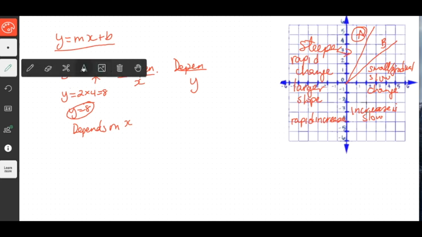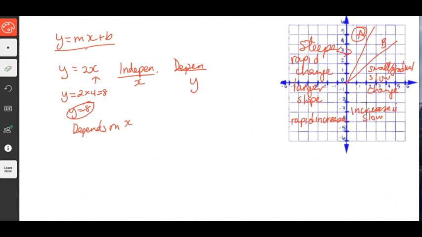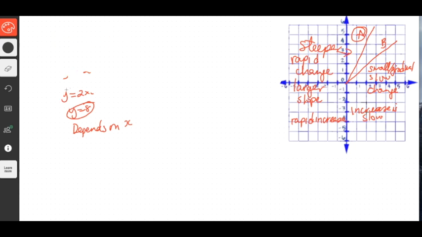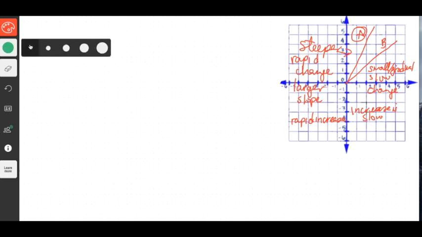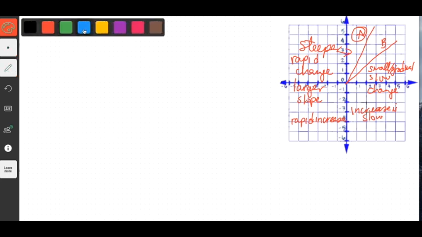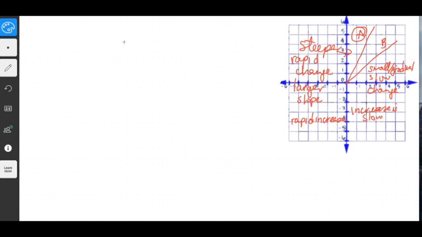I want to give you another scenario of a negative slope. Let me just erase this side. As I erase, you can pay attention to that coordinate plane with those slopes while I draw the negative lines outside of the grid. So here we go.